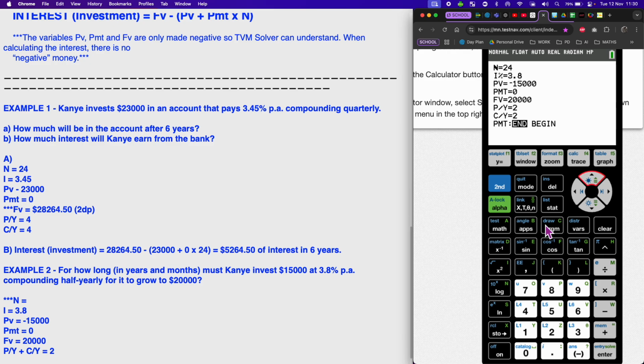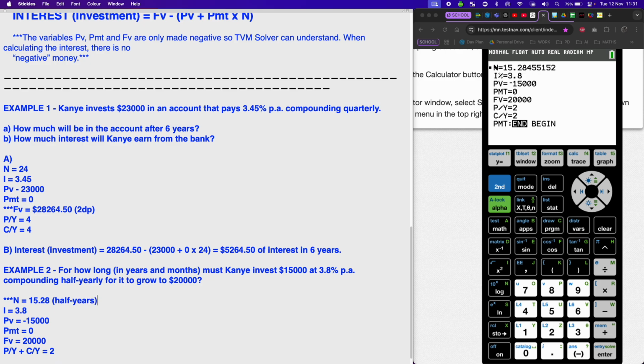So if I go alpha, enter, that is telling me it's 15.28 half years.